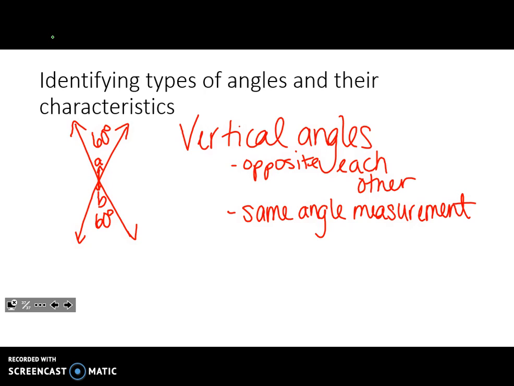Same thing if I said angle C and angle D, you would know that these are vertical angles because they're opposite each other. So if I told you that C was 120 degrees, you should be able to tell me that D is also 120 degrees because they're opposite of each other. They are vertical angles and have the same angle measurement.